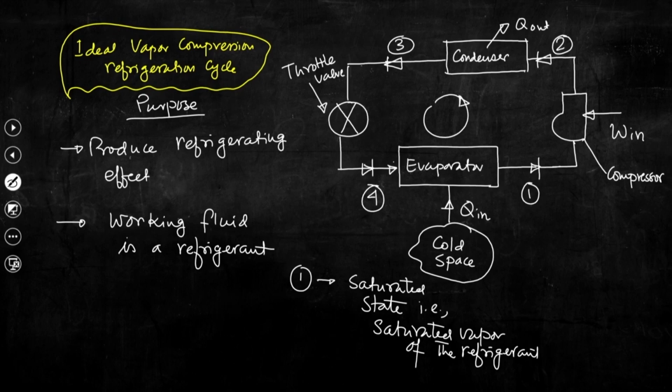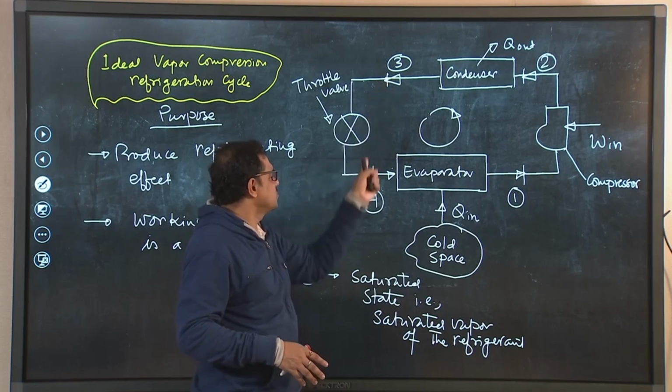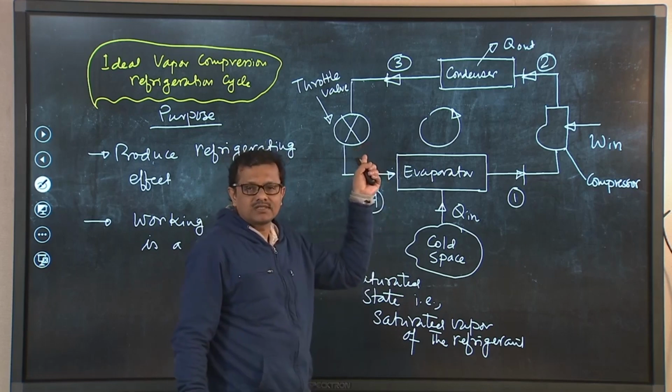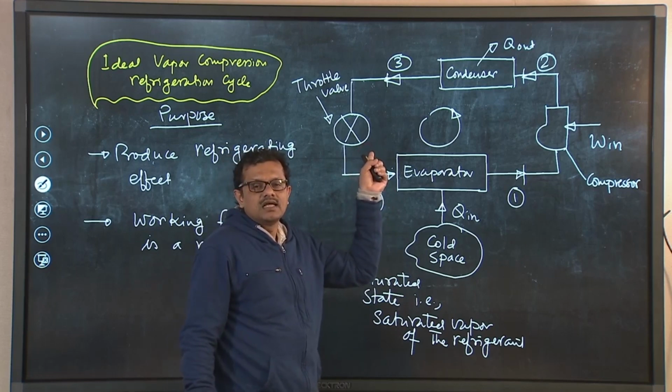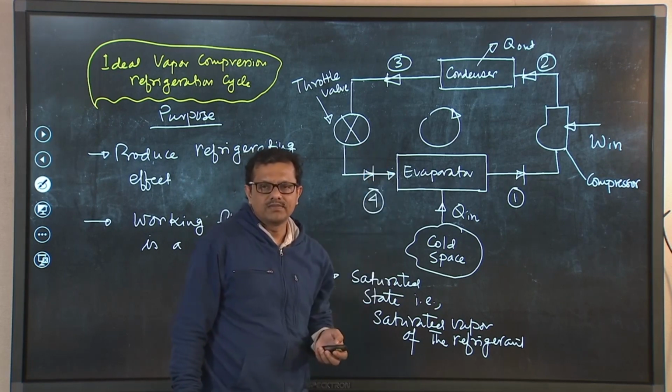Hence it is very difficult to map this process by a solid line, because it is very difficult to get the path by which state point 3 will change to state point 4. Let me tell you once again, throttling is a very fast process, and the intermediate states may not attain equilibrium.